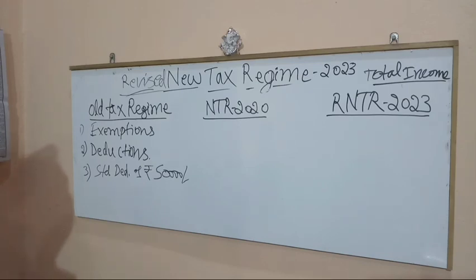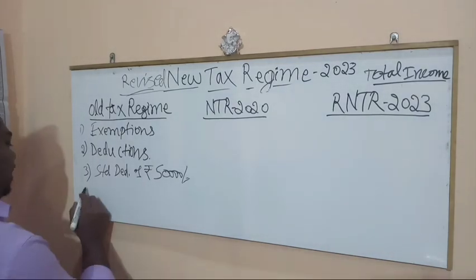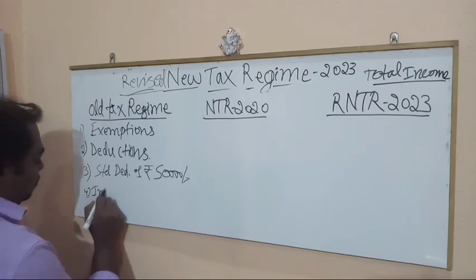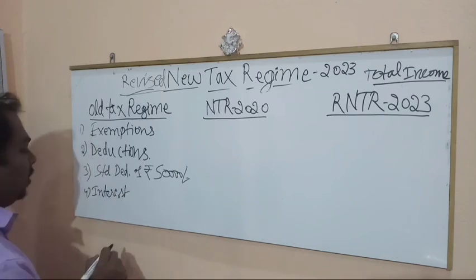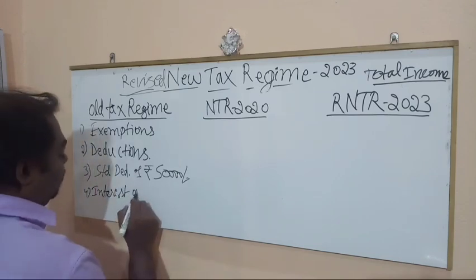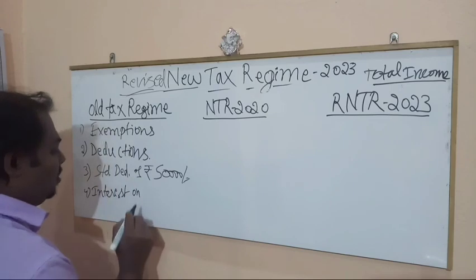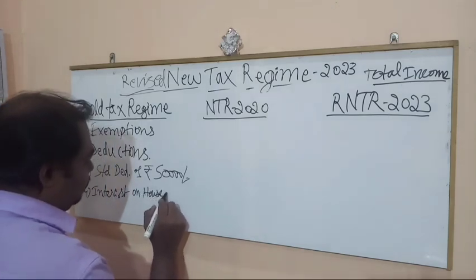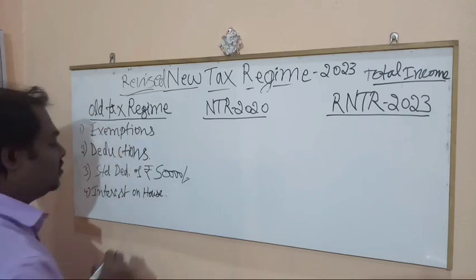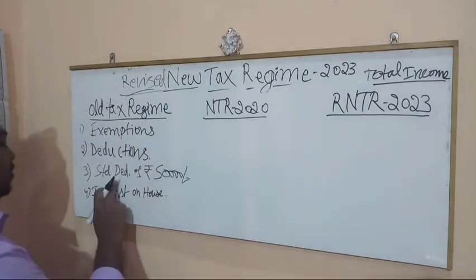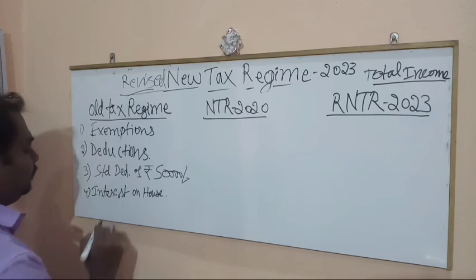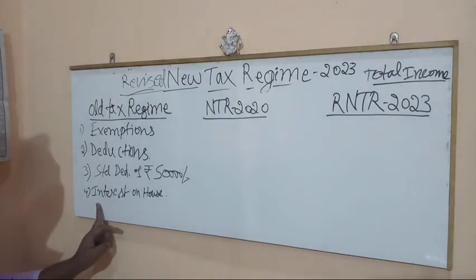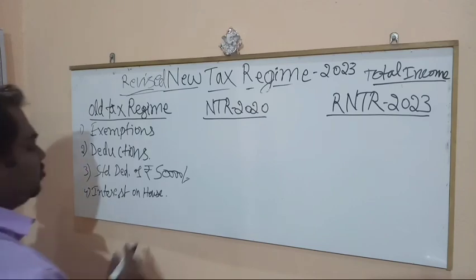In the old tax regime, you are also able to claim interest paid on a loan borrowed for construction of houses, subject to some conditions. So in the old tax regime, you are also eligible for deduction of interest paid on house borrowings.